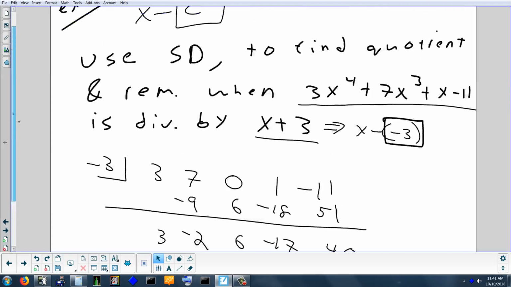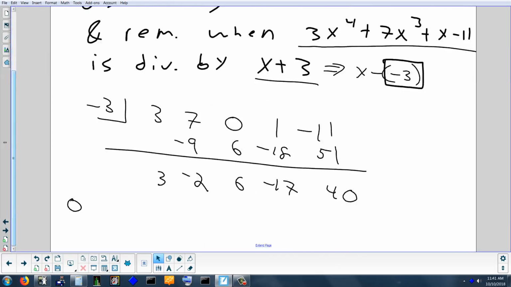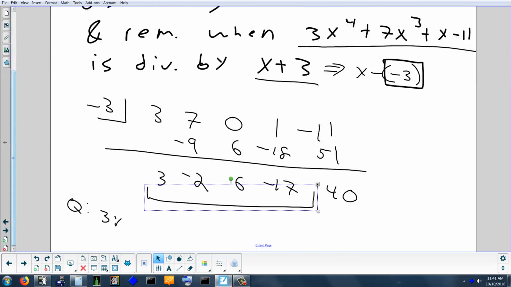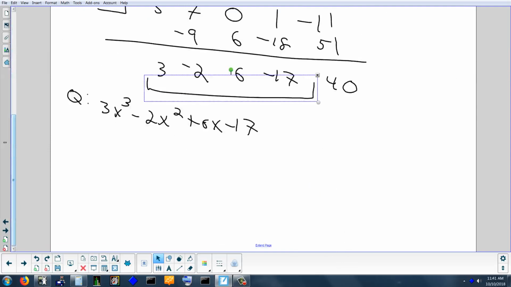So now, let's write out the quotient. The quotient is going to be that part: constant, linear, quadratic, cubed. So it's 3x cubed minus 2x squared plus 6x minus 17, and my remainder is 40.